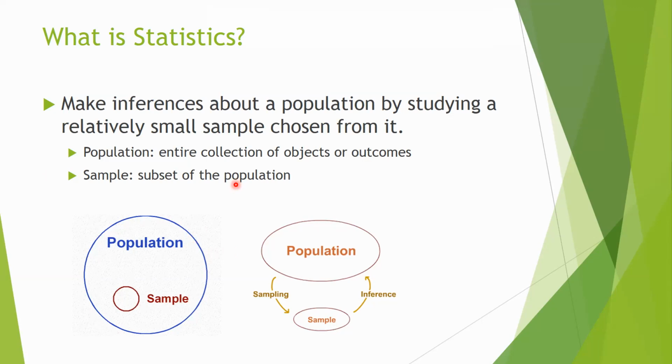So usually what we do is we take a small sample, but this sample must be a random sample. Why is that? Because only a random sample can unbiasedly represent your population, right?